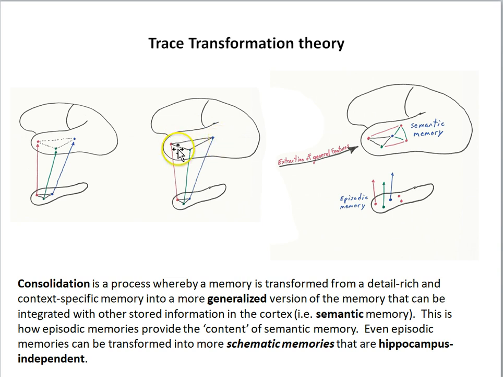Well, that's the semantic memory. So this process of consolidation is also how new information in episodic memory is being integrated into previously stored information, into semantic memory. So the episodic memory involves the hippocampal memory trace, and the idea is the semantic memory is going to be stored in the long-term memory system in the cortex.